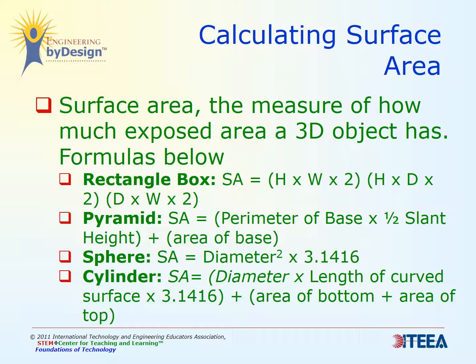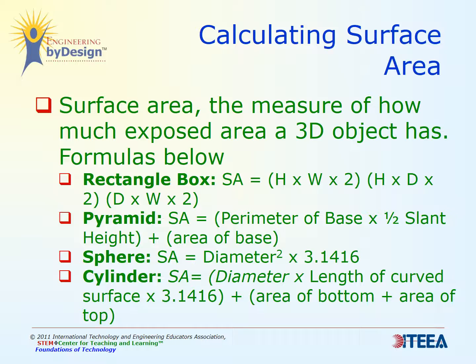For a rectangular box, the surface area is equal to the height times the width times 2, plus the height times the depth times 2, plus the depth times the width times 2. Now for a pyramid, the surface area is equal to the perimeter of the base times 1/2 of the slant height plus the area of the base.